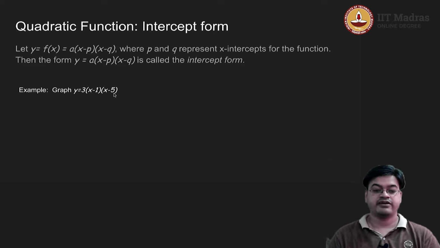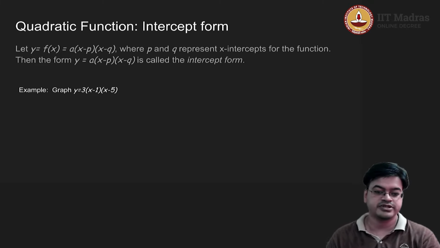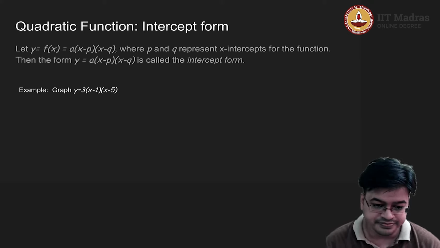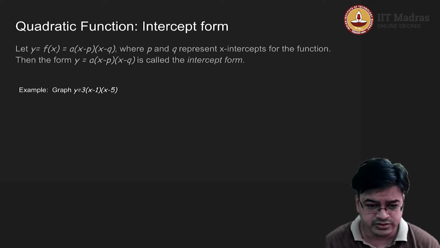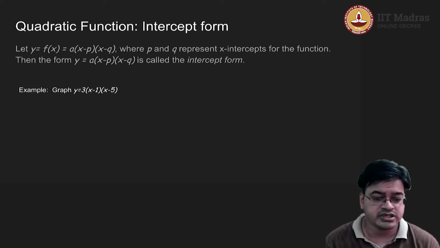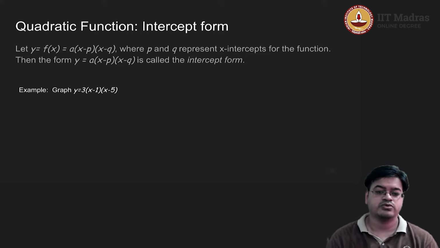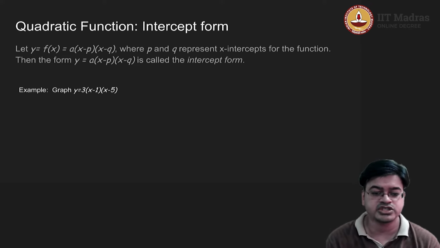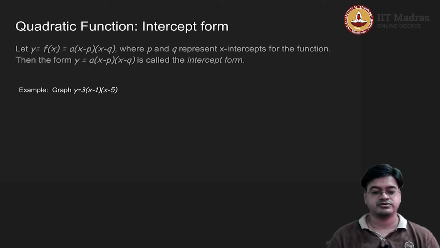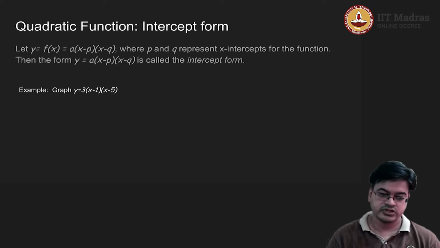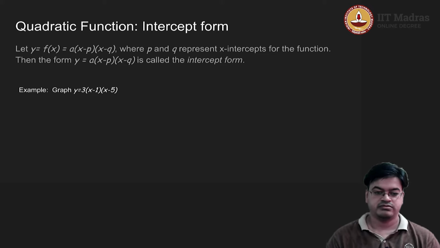So now just substitute the value 3 in this particular equation, and you will get 3 minus 1 is 2, and 3 minus 5 is minus 2, that means 2 into minus 2, minus 4, into 3, minus 12. So you got three points. What are those? 1, 0; 5, 0; and 3, minus 12.